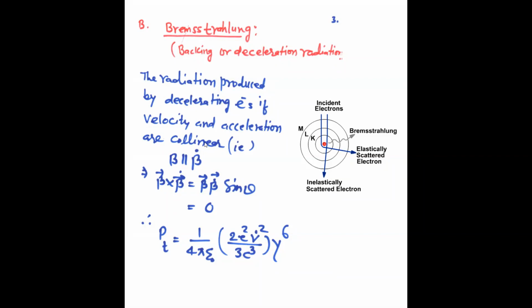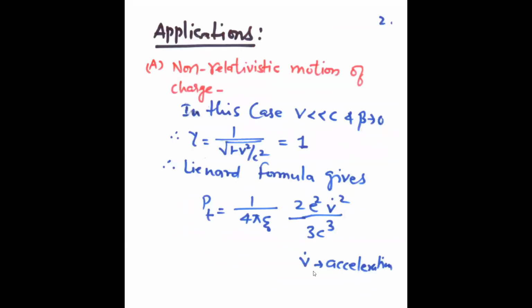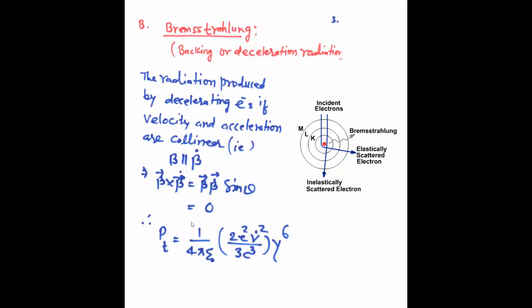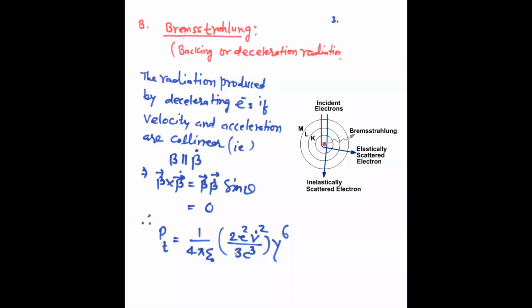So in this case of Bremsstrahlung, under this limit, in your Lienard expression this beta cross beta dot term will be removed. So finally you will get the power radiated by a charged particle, that is a decelerating charged particle, equal to this.